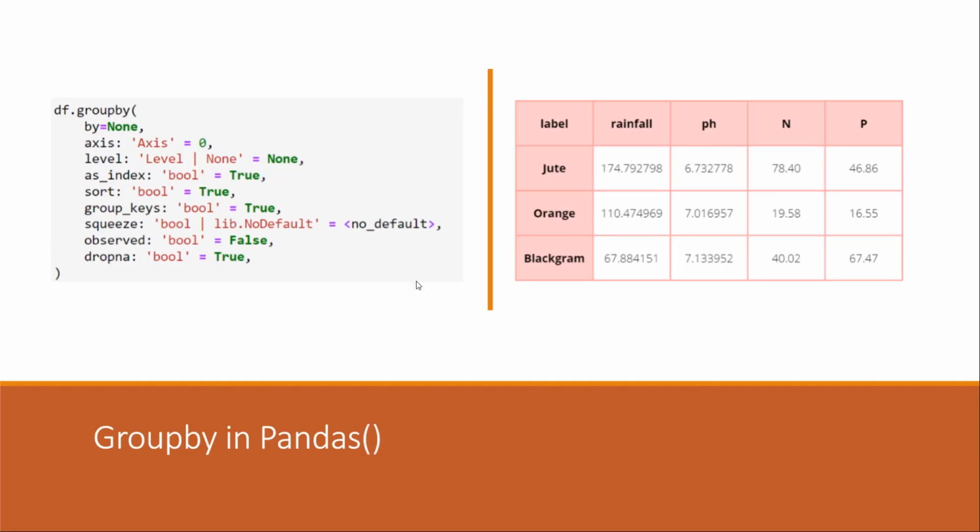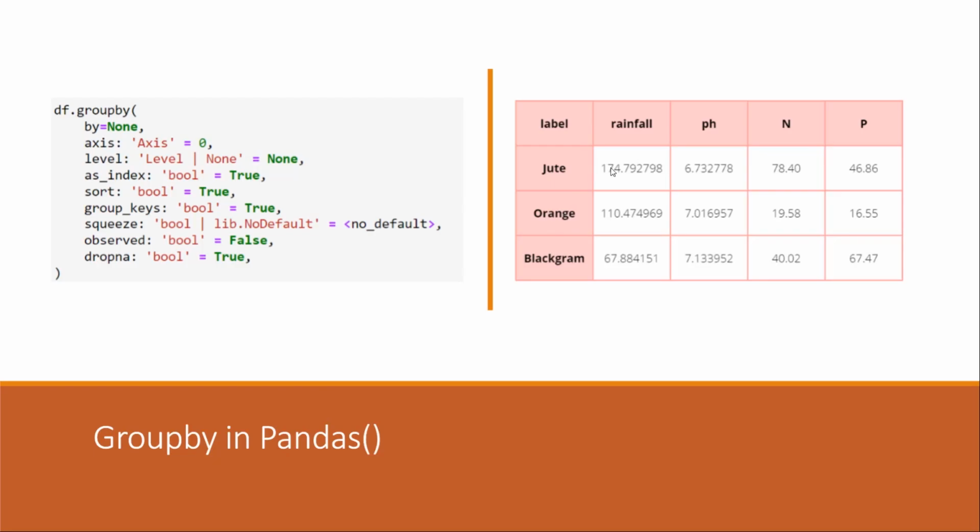So here you can see that this is the syntax of group by, where we have to provide the by, axis could be 0 or 1. Then we have as_index, sort, group_keys, squeeze, observed, dropna equals true or false. So in this output you can see that we have applied a group by function on this column, which is label. So let's say we have applied a mean operation on this column.